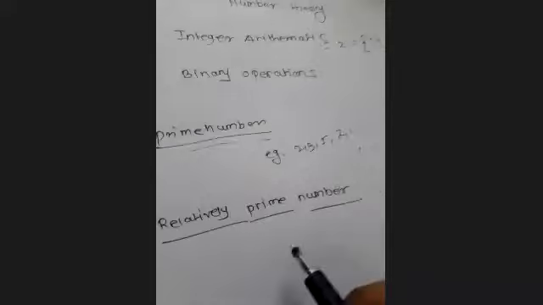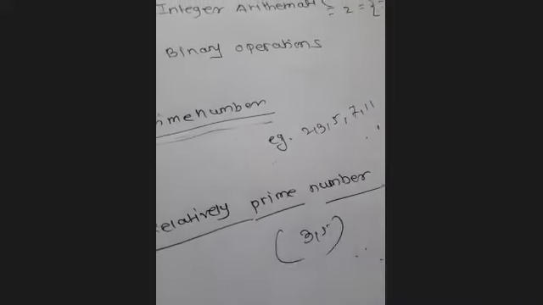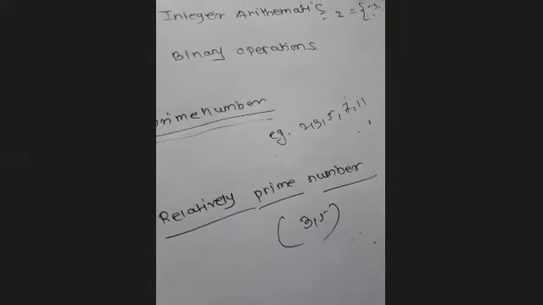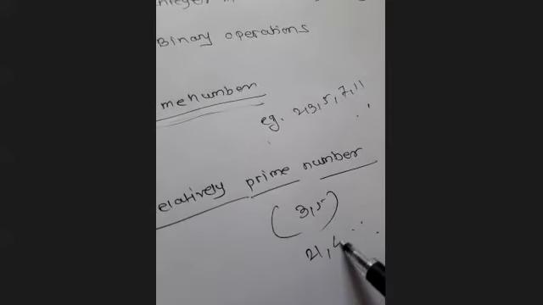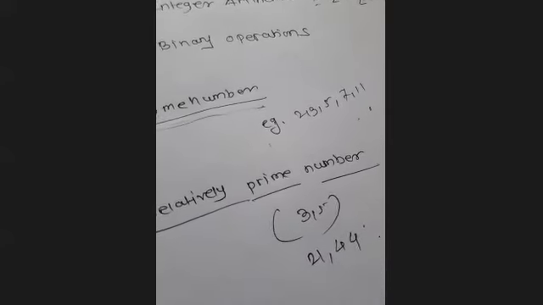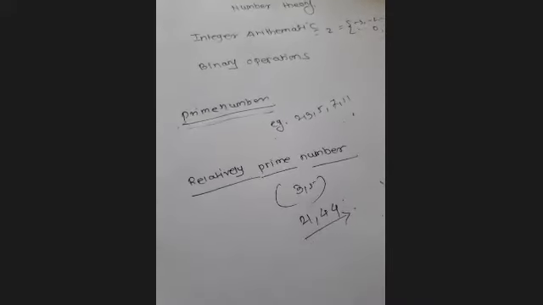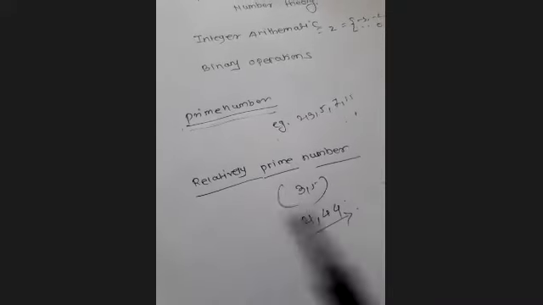For example, take 3 and 5, right? They have only one common factor, that is 1. One more example, if you take 21 and 44, these two numbers are also having only one common factor, that is 1. So these two numbers are relatively prime to each other.